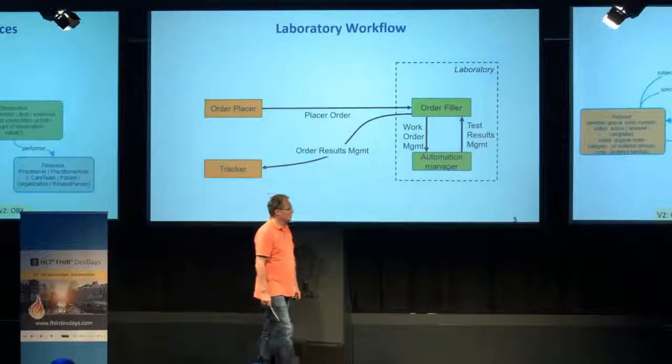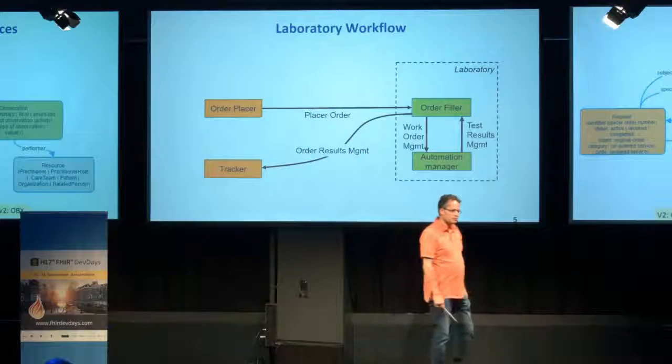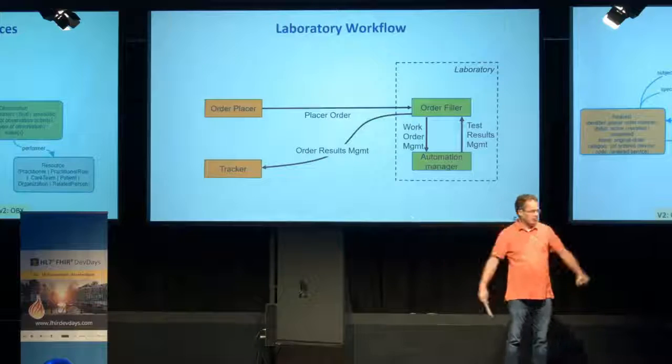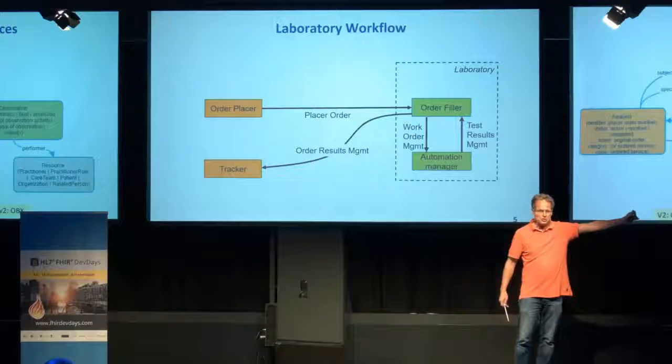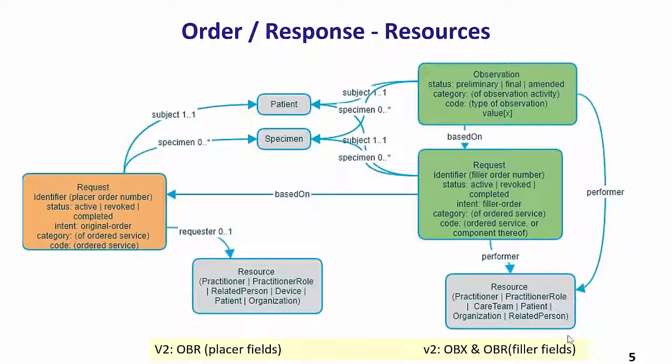Now that sounds easy. I have a request, I have an event, in this case the observation. But what if we have a different interpretation on the filler side than on the requesting side? Sometimes you may be requesting something and it ends up in the laboratory being their own internal request, because they're effectively deciding to do something slightly different, or something that has multiple steps in it.